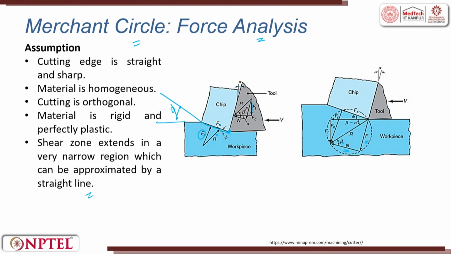So, this is R. Then this force which acts along this is Fs, and normal to Fs is going to be Fn. The angle between Fs and the straight line is going to be theta.